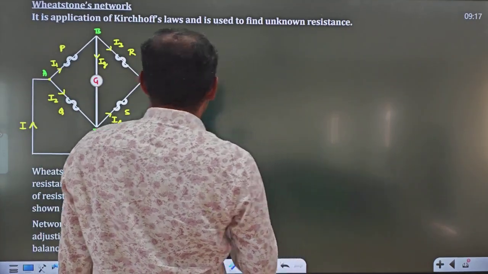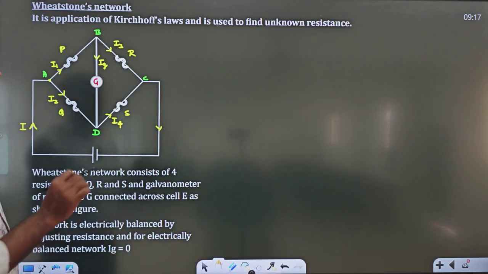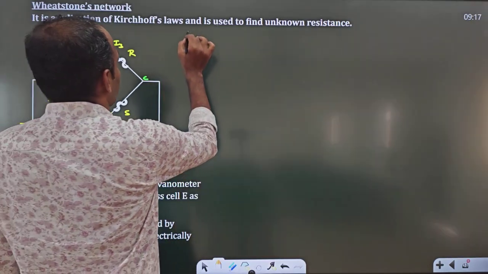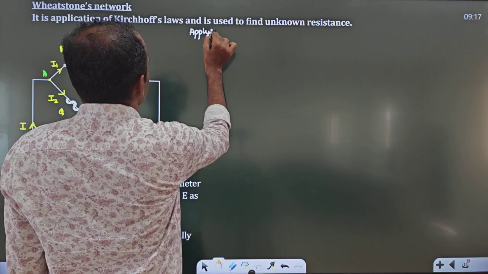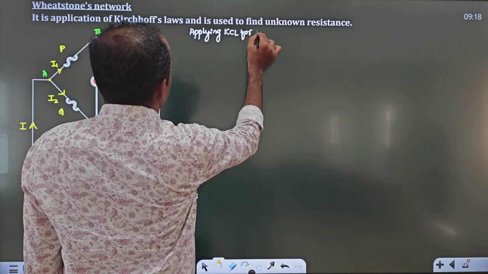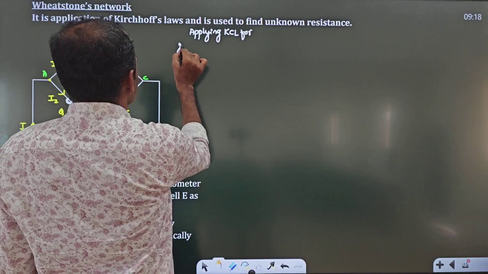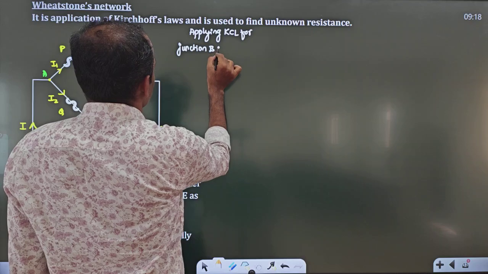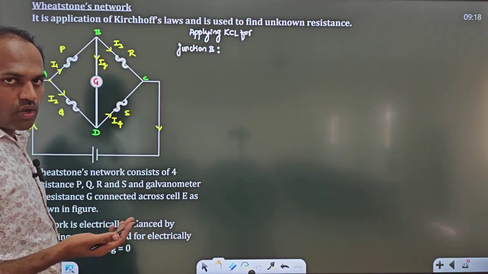First, what we will do is apply KCL, Kirchhoff's first law, for two junctions, B as well as D, right? We have to apply it first for junction B. KCL means total incoming current is equal to total outgoing current.